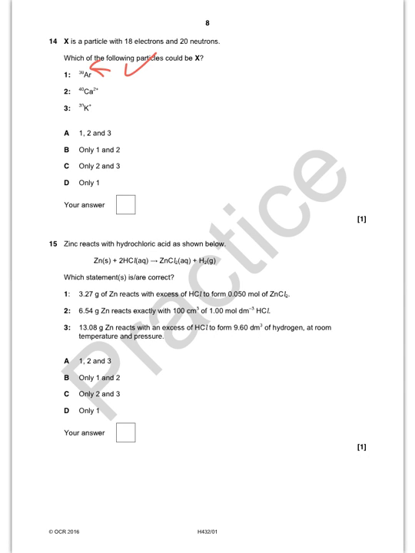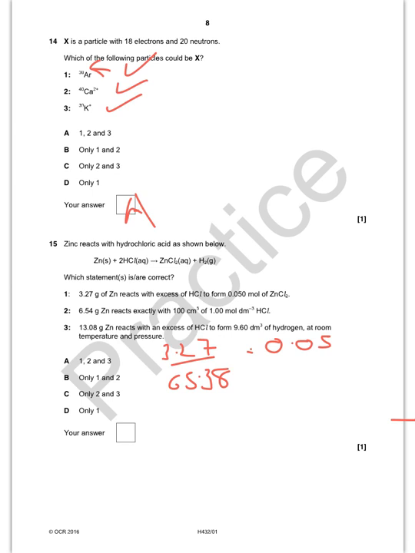For number 2, calcium 2 plus has also got 18 electrons, but it would have 20 protons, so that could be correct. Potassium plus would have 18 electrons and 19 protons, and 19 plus 20 is 39, so that could be correct as well. So the answer is A.